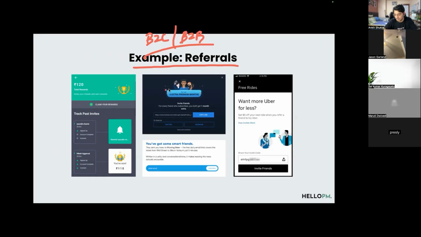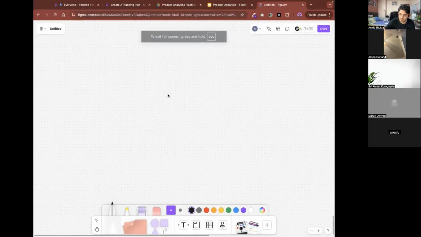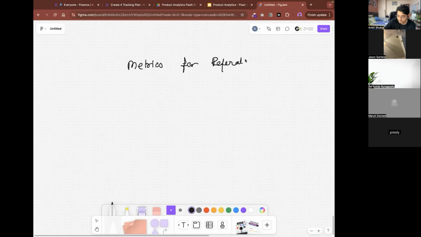Now, let us solve this. Metrics for referral. What is point number one? Do we all understand what is referral? Yes, we understand that.